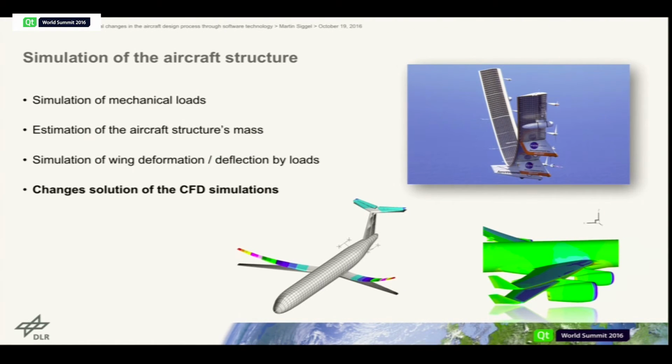So what happens when you put mechanical loads onto the wings and onto the aircraft structure. It allows you to estimate the aircraft structure mass, and you can simulate how the wing deforms when you put forces onto it. And as you can see here, really interestingly on the right, that is the aircraft Helios, which had such large wings that they bent up really much and also were vibrating.